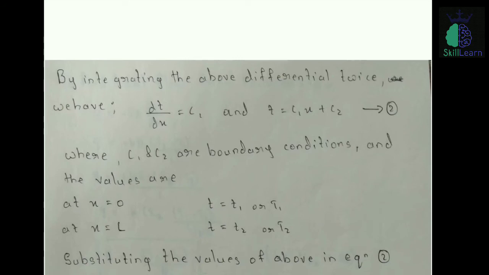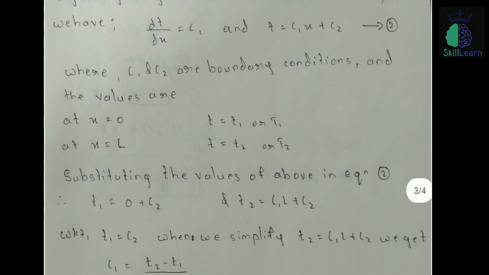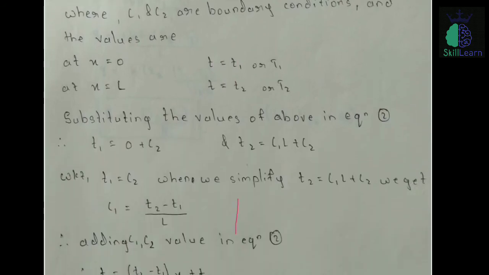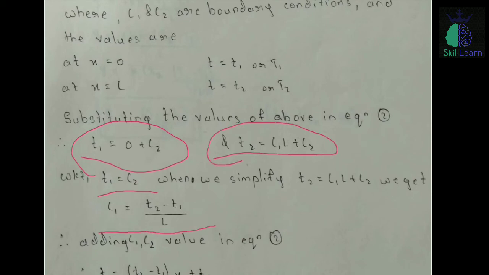So T1 is equal to 0 plus C2, and T2 is equal to C1 into L plus C2. We also know that T1 is equal to C2. After simplifying, T2 is equal to C1 into L, so C1 is equal to T2 minus T1 divided by L.